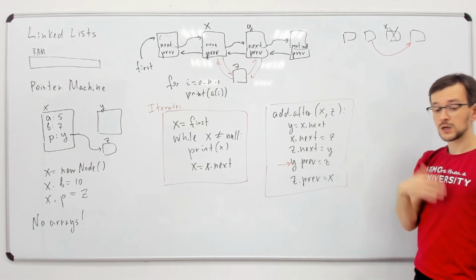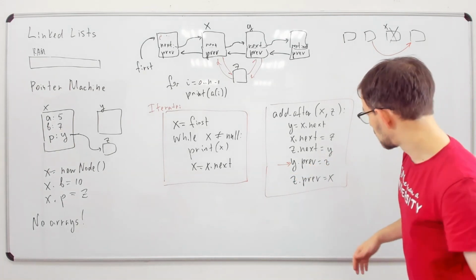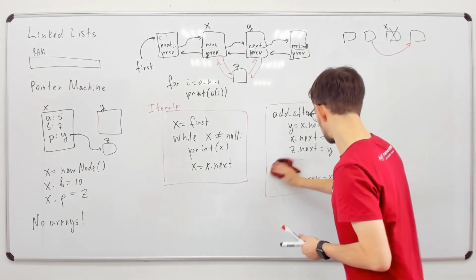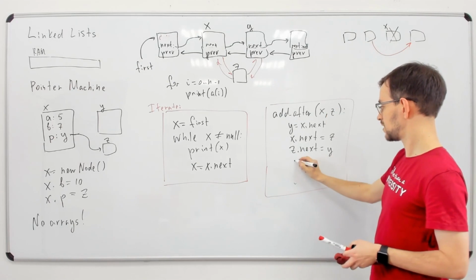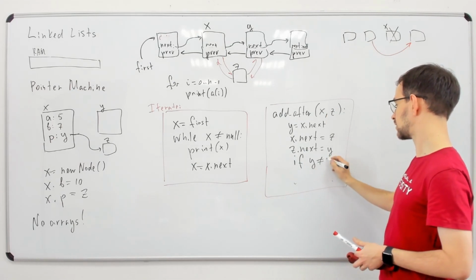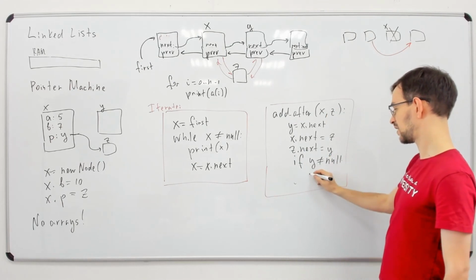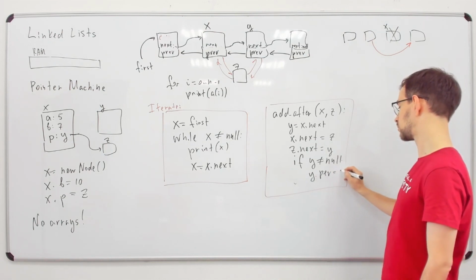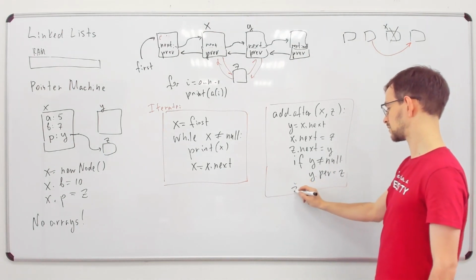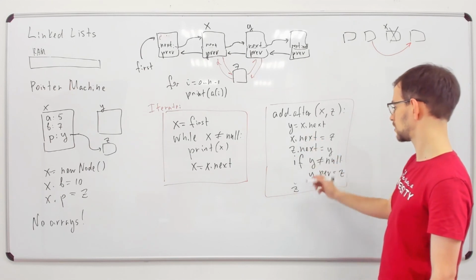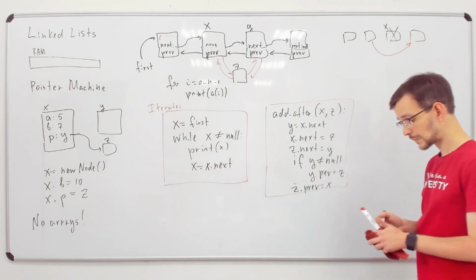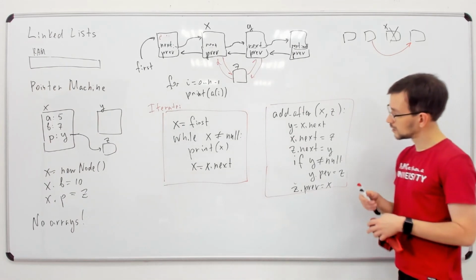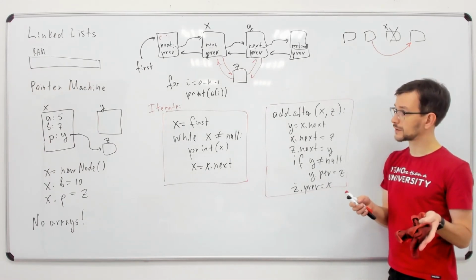To avoid this, you may just write something like: if Y is not null, then Y prev equal to Z. And Z is not null, X is not null, so it's fine. Something like that.